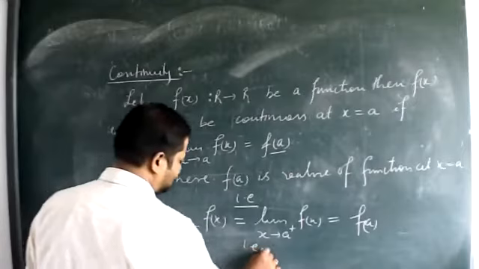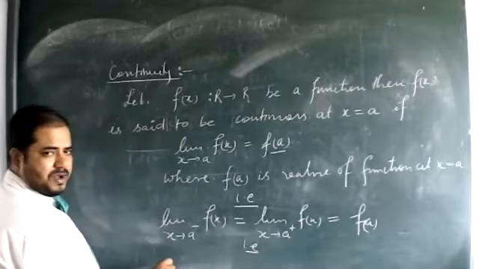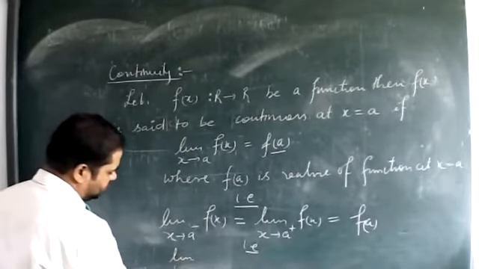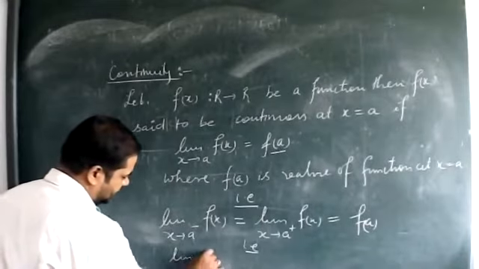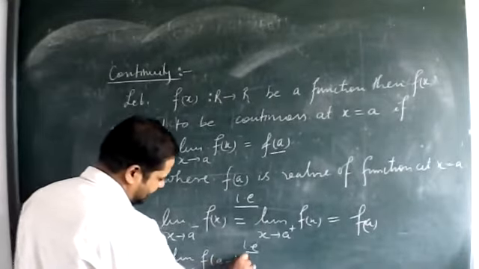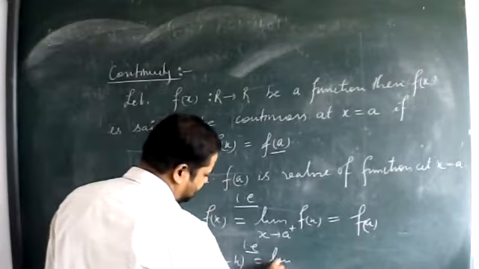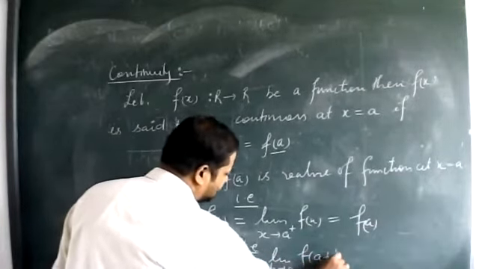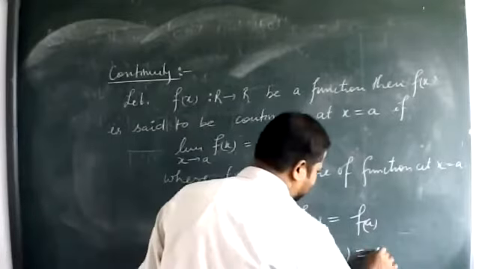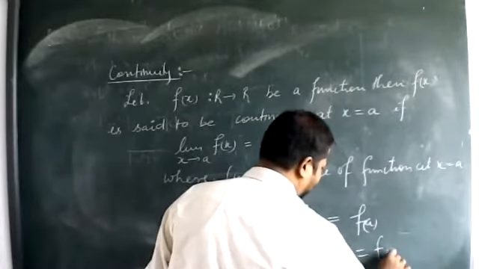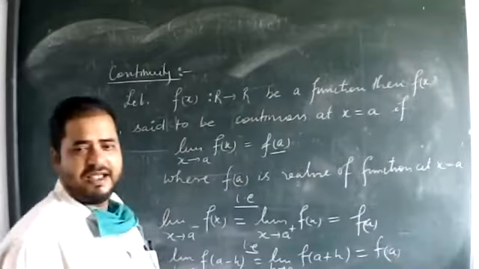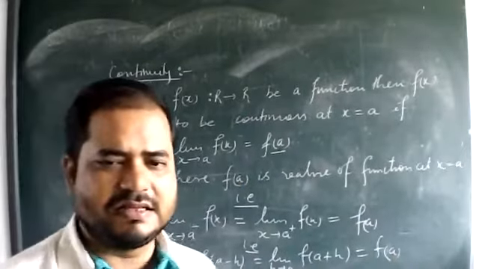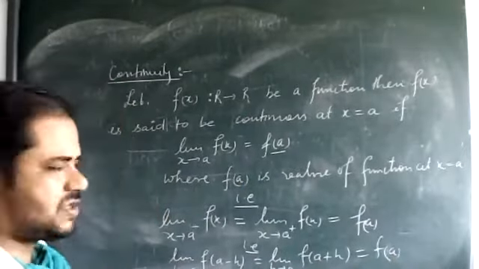That is, limit x tends to 0 of f(a minus x) equals limit x tends to 0 of f(a plus x), and this is equal to f(a). Then only we can say the given function is a continuous function.